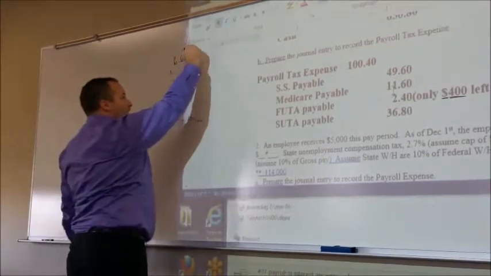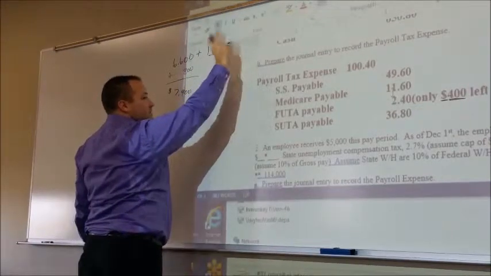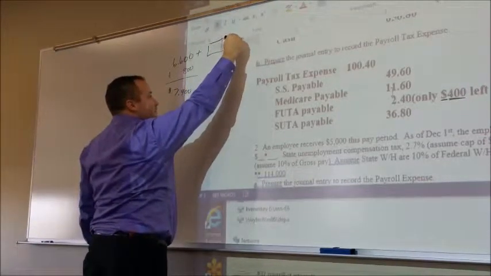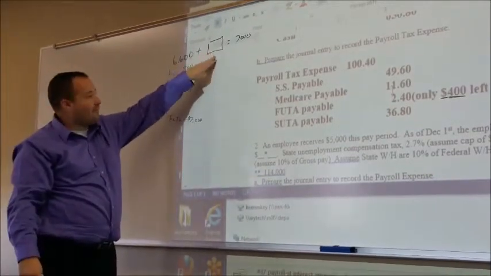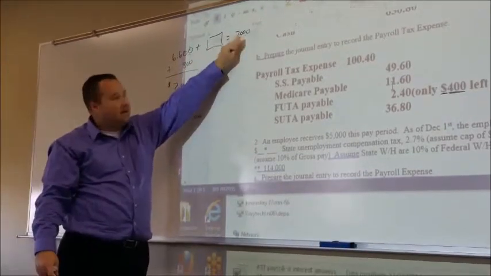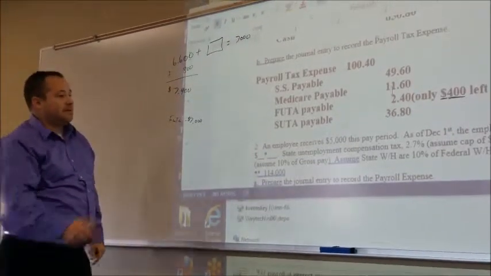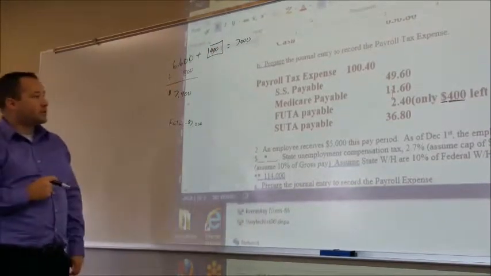So I have to do a small, easy math problem. If I went over, what do I have left that I still need to tax to get me to my cap number? We should all be able to know that that's $400.